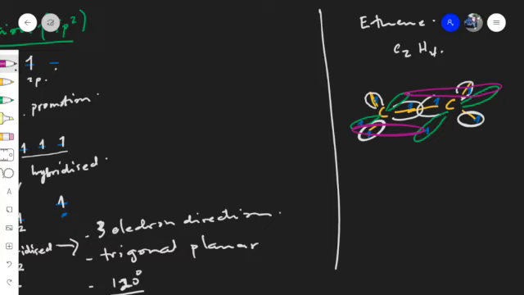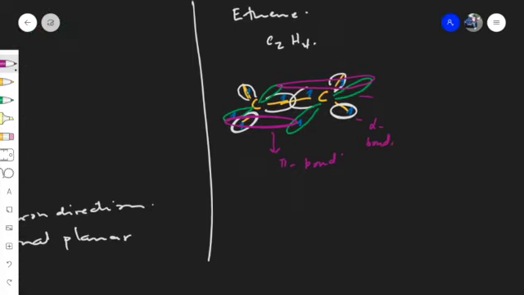This is actually going to form a pi bond, but the other bonds that are in there are going to form a sigma bond. So we have a sigma bond that is actually there.